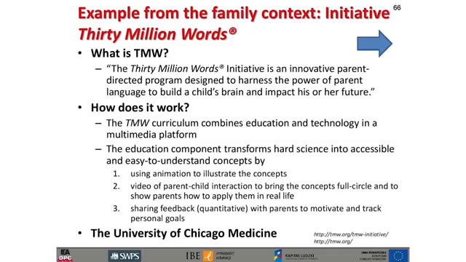So another example is from the family context. And this is something that I see a little bit more critical, probably. There is an initiative called the 30 Million Words Initiative, an innovative parental-directed program designed to harness the power of parents' language to build a child's brain and impact his or her future.